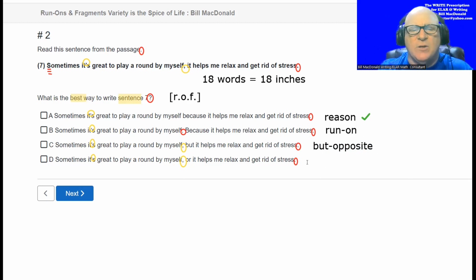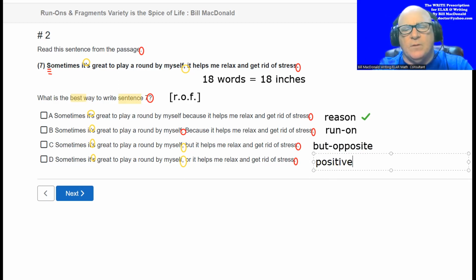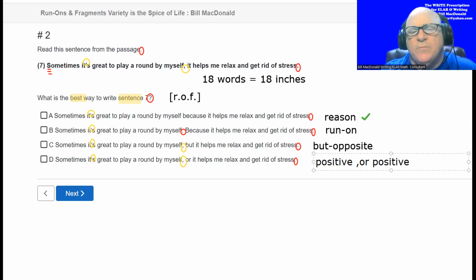Both of those things are positive, so we have a positive statement, and then they want to cram in a comma, a FANBOYS, a comma-or statement, and then another positive statement. You wouldn't use "or" because those two complement each other. We wouldn't want to use something like that.